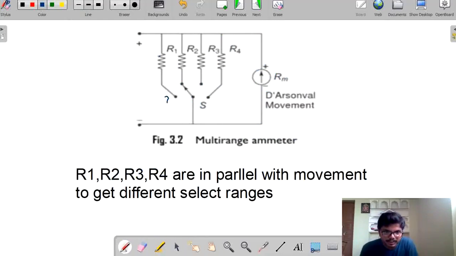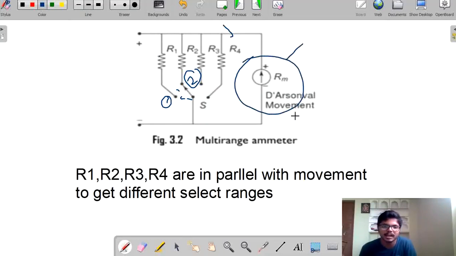Assume this is switch position 1 and this is position 2. Initially my switch is at position 2 and it will come to position 1 after some time. While traveling from position 2 to position 1, it needs to travel through the space. In this duration, there is no resistance connected in parallel with the galvanometer, right? So a huge amount of current will flow into the galvanometer and the galvanometer will get damaged.